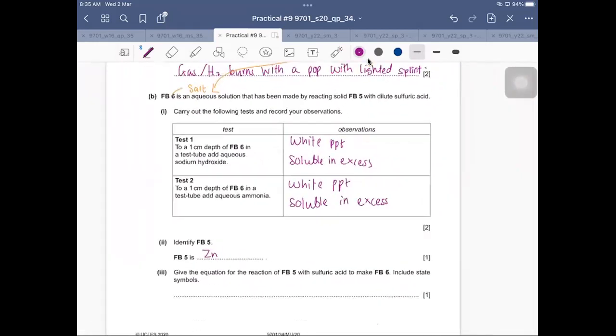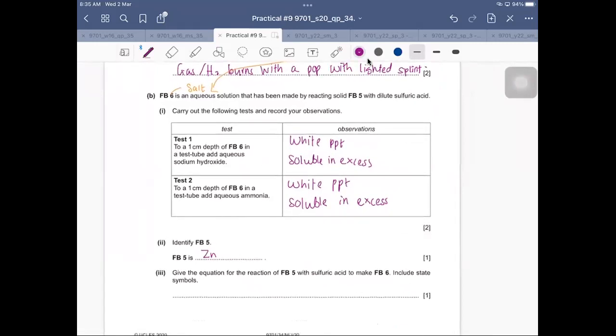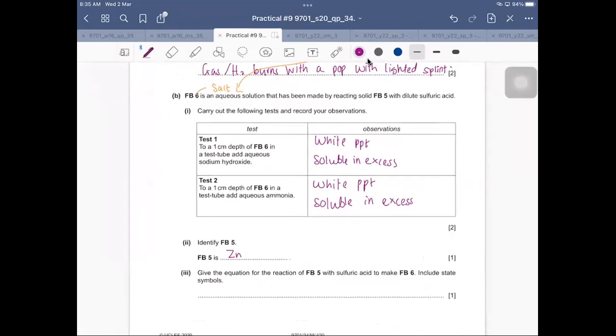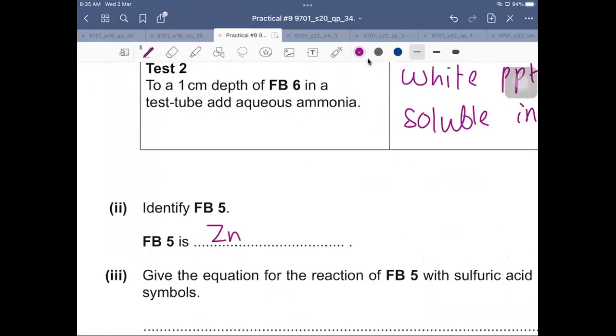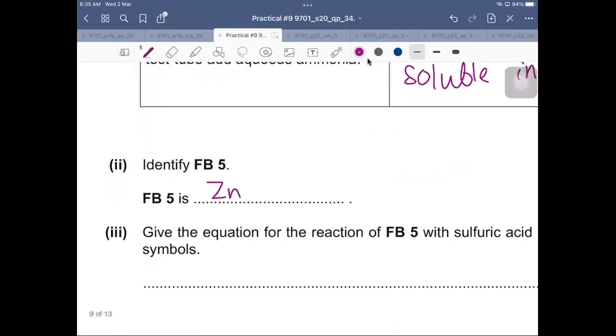Give the equation for the reaction of FB5 with sulfuric acid to make FB6. Again, this is the kind of question that you are expected to be able to answer. If you did not get the correct metal, it's fine. If you say you got a different metal, like magnesium, for example, you just move on. Okay? This is an acid-base reaction, which is something that you have already learned from O levels.